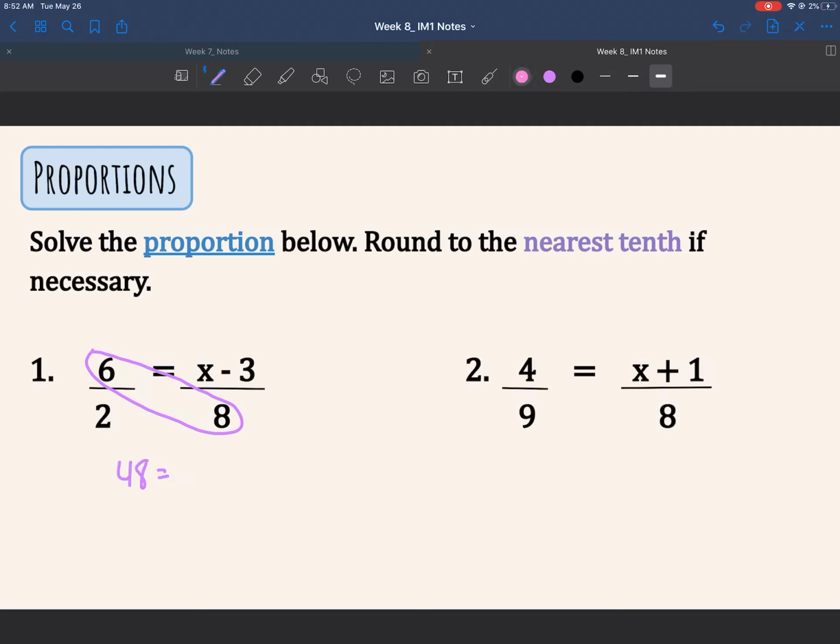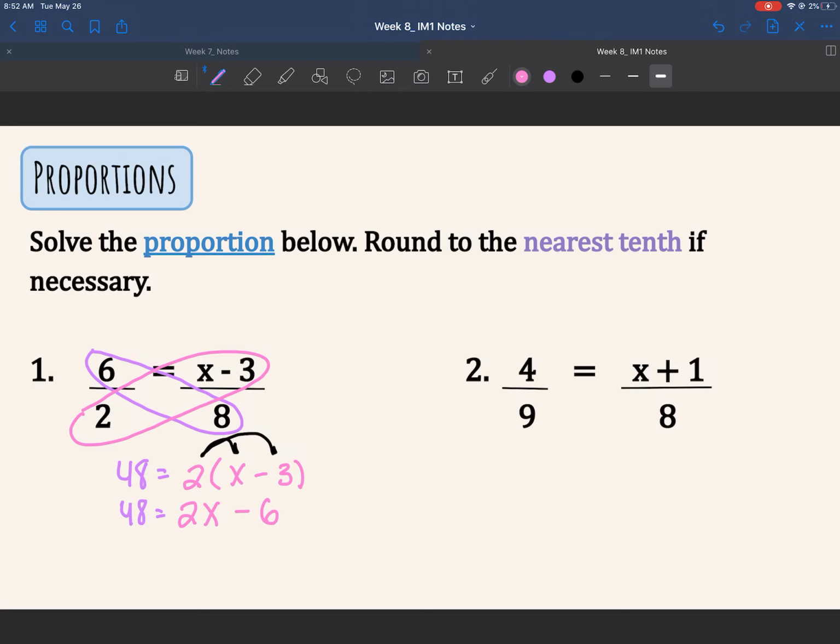Now, when we go to cross multiply in the other direction, we're going to write it as 2 times x minus 3. And what ends up happening is we're going to have to distribute here. That's the key with these ones. So 48 comes down. 2 times x gives us 2x. 2 times negative 3 gives us negative 6.